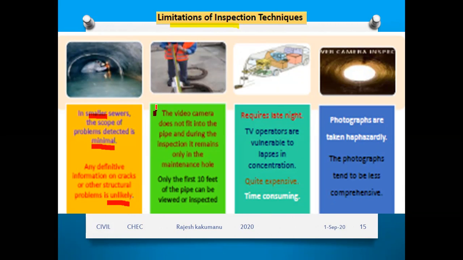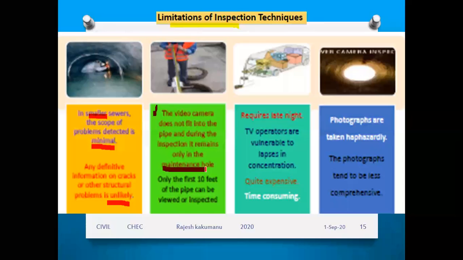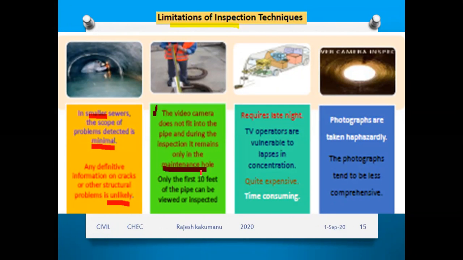In some places, whenever the pipe diameter is very small, the video camera does not fit into the pipeline. Only the first 10 feet of the pipe can be viewed or inspected.